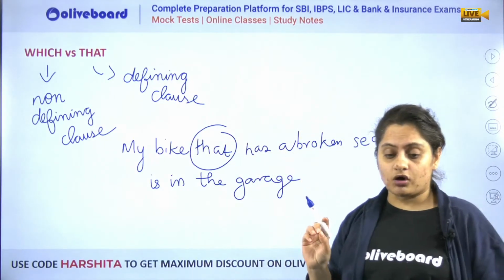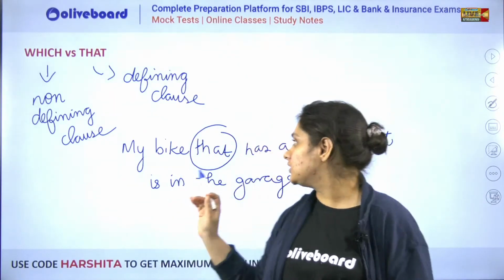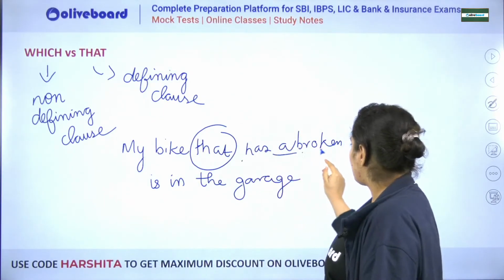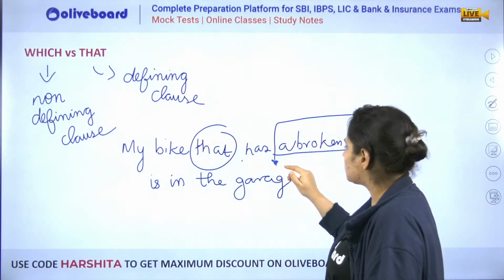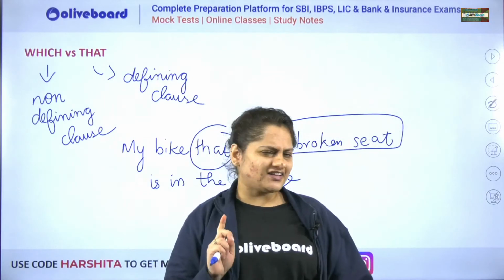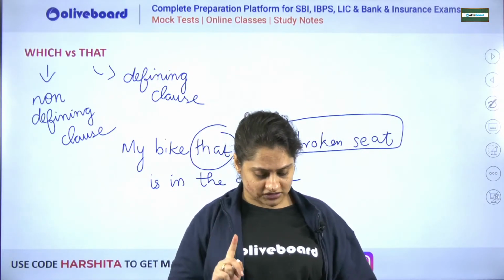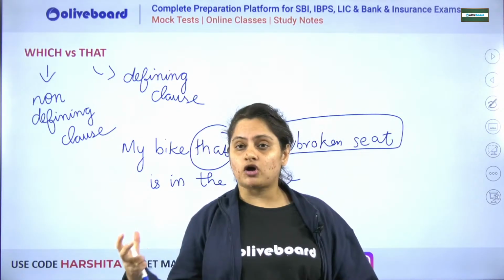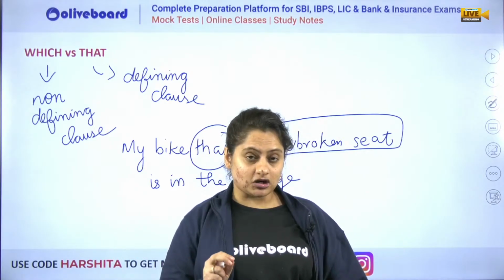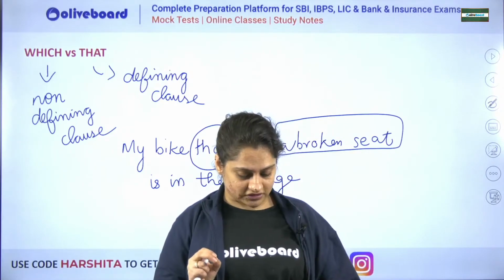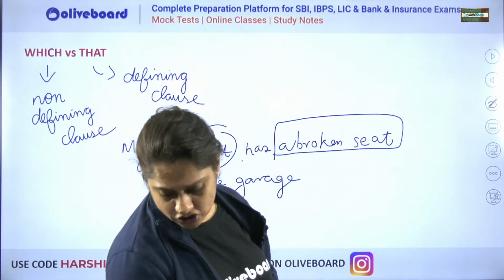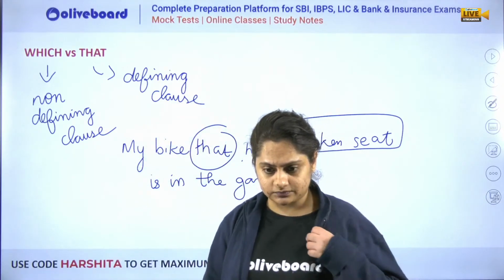Because I am specifying the one; the clause that I am using, that has a broken seat, is important. It is specific, defining which bike I am talking about, right? So there is at least one bike in the garage which has a broken seat. It is different from other bikes. This one has a broken seat. So if you remove the clause that has a broken seat, then obviously the meaning of the sentence will change.